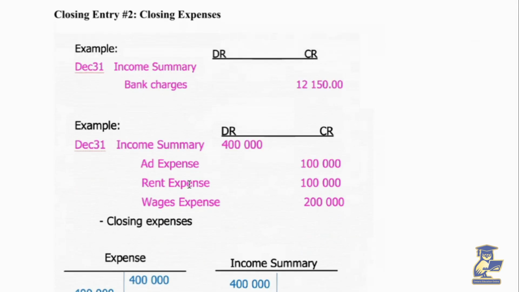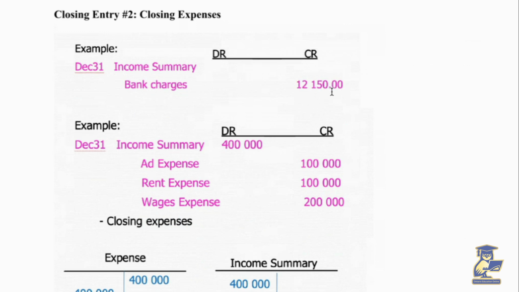So again, here are a couple of different examples. Here, if we have bank charges, just one expense, you're going to notice it's the opposite because, as we know, expenses decrease our owner's equity, and so they typically have a debit balance. Well, to reverse that, we need to put the expenses in as a credit.